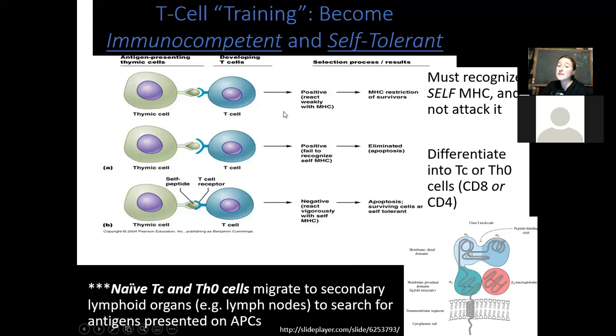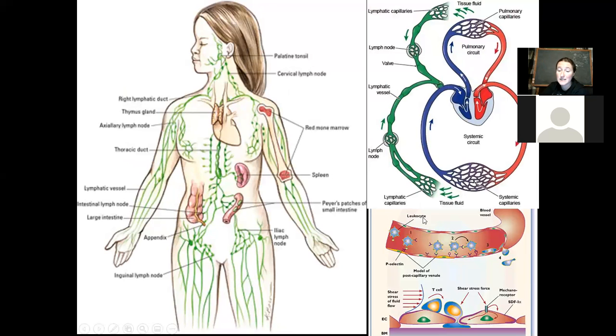Okay. And so ultimately, after this process happens, after this training, we know what looks like us, we know what doesn't look like us, and we can actually recognize and attack, or at least produce a response against, stuff that doesn't belong, right? And so these cells are now called naive cytotoxic T cells and T helper 0 cells, and they are going to migrate to the secondary lymphoid organs. Again, going back to this here, all of that training is happening here in the thymus.